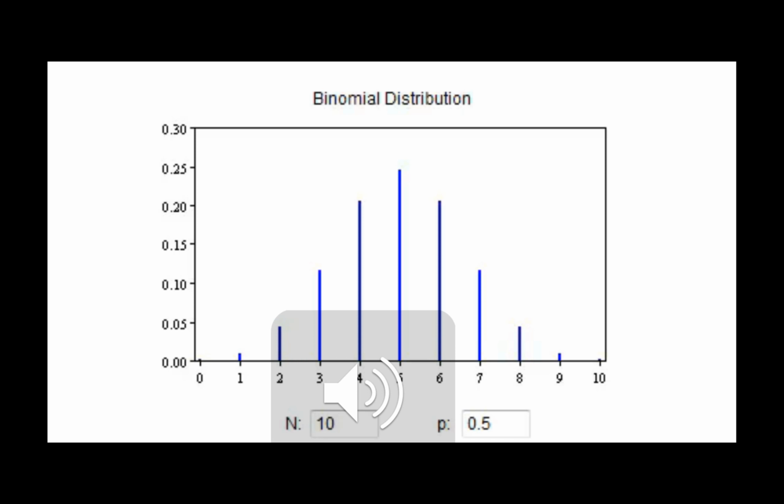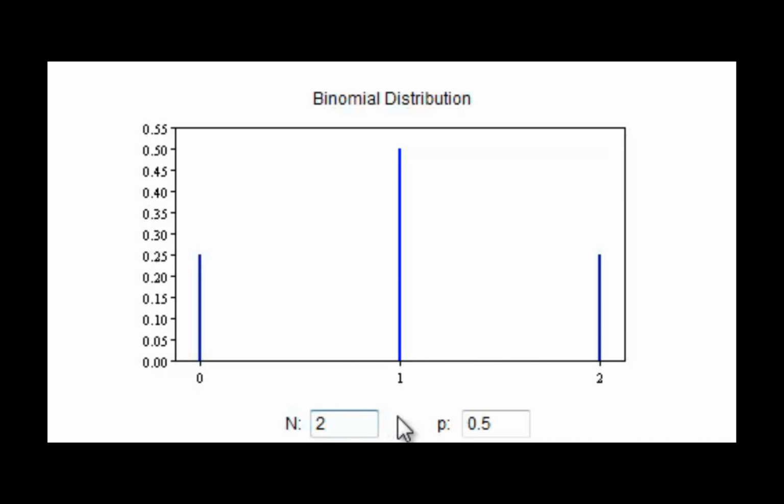This is a little web simulation of the binomial distribution, and it's useful because it's hard to draw out by hand a binomial distribution with more than 2 or 3 trials.